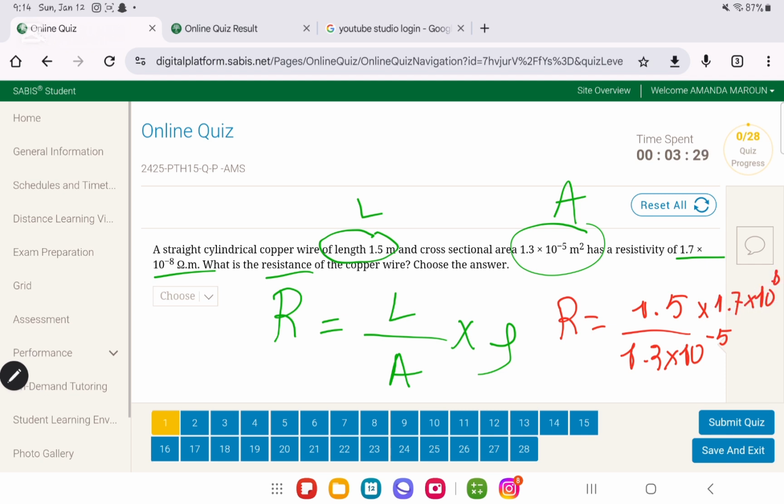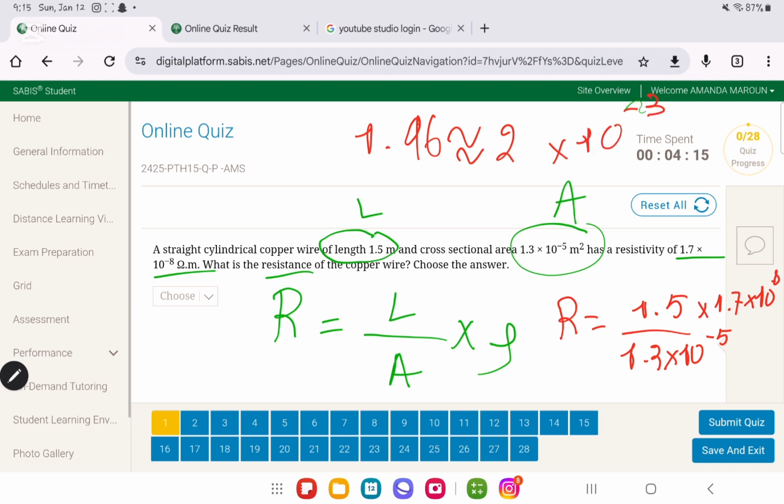If you do it on your calculator, we are going to get 1.96, so I'm going to round it to approximately 2, so 2 times 10 to the power of negative 3.